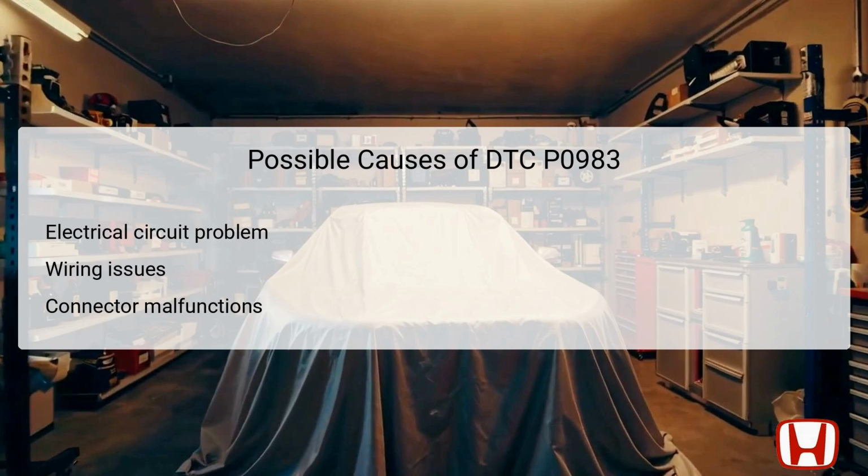The DTC P0983 is primarily caused by problems within the electrical circuit associated with the shift solenoid valve D. Common issues include frayed or damaged wiring that could disrupt the flow of electrical signals necessary for the solenoid's operation. This may also entail poor connections or loose terminals at various points, including connectors between the shift solenoid and the PCM.